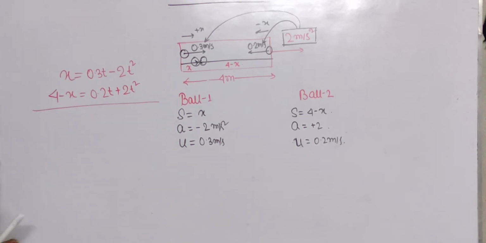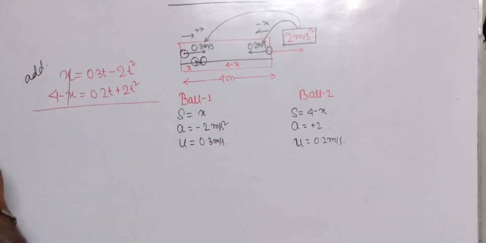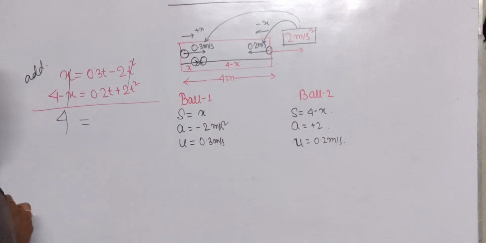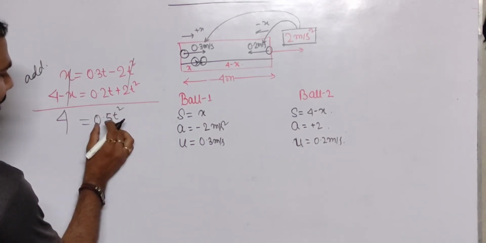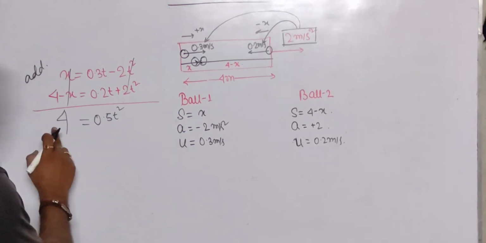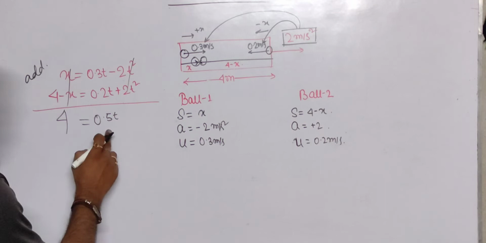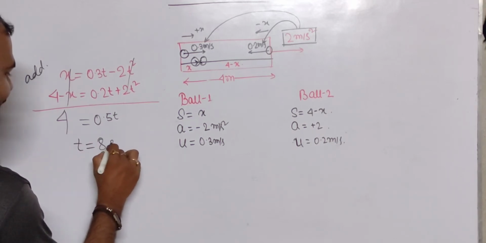If we add these equations, x will get cancelled out. 4 equal to, this t square will get cancelled out, 0.5 t. 0.5 means 1 by 2, this 2 will come over here. And the value of t is 8 seconds.